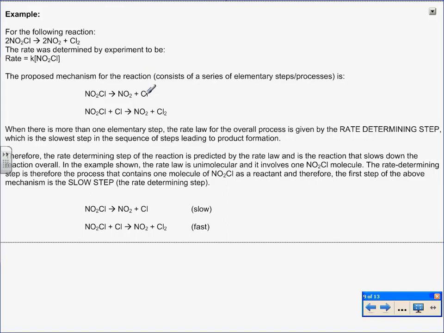It also makes sense because this chlorine atom is an intermediate, and it's going to be very reactive. So not only do we have this proposed mechanism, but we can say that the first step is likely the slow step, and the second step is fast.